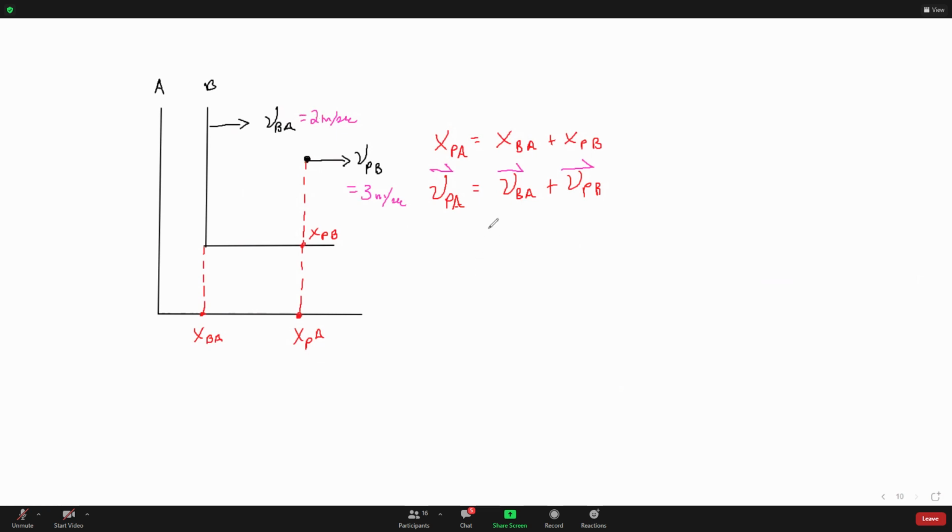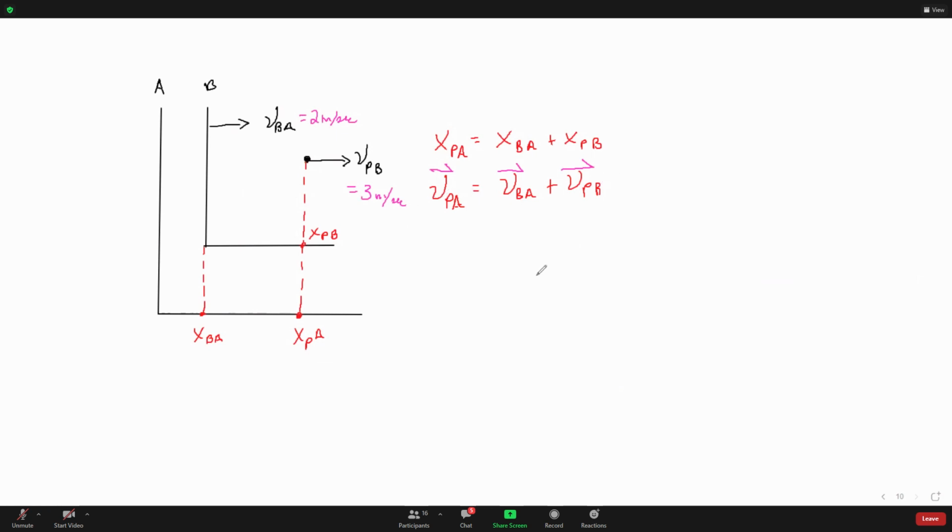So what can I say about the acceleration of the particle here? Now, VBA is a constant, right?